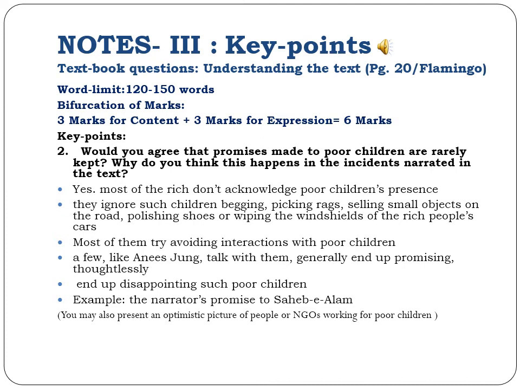They ignore such children begging, picking rags, selling small objects on the road, polishing shoes, or wiping the windshields of the rich people's cars. Most of them try avoiding interactions with these poor children. A few, like Anees Jung, talk with them but generally end up promising thoughtlessly and disappointing such poor children. Students, here you can give the example of the narrator's promise to Saheb-e-Alam.